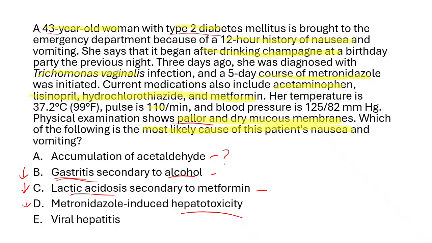So I'm going to downrank D also. And then viral hepatitis: on top of the jaundice, I'd expect some fever or something else with an acute infection. So no jaundice, I don't really think hepatitis. I'm ruling it out for the same reasons I'm getting rid of hepatotoxicity.